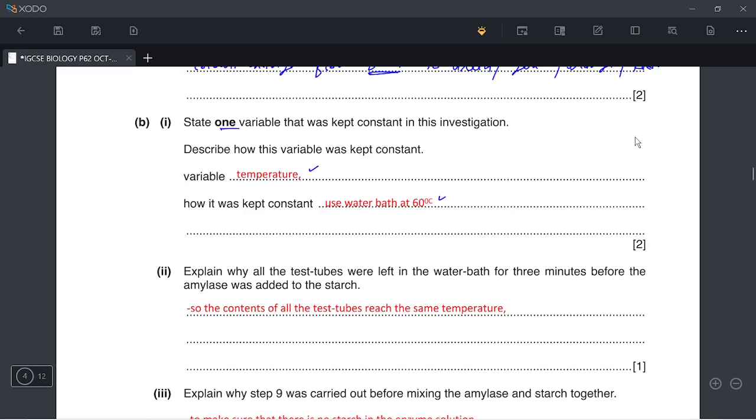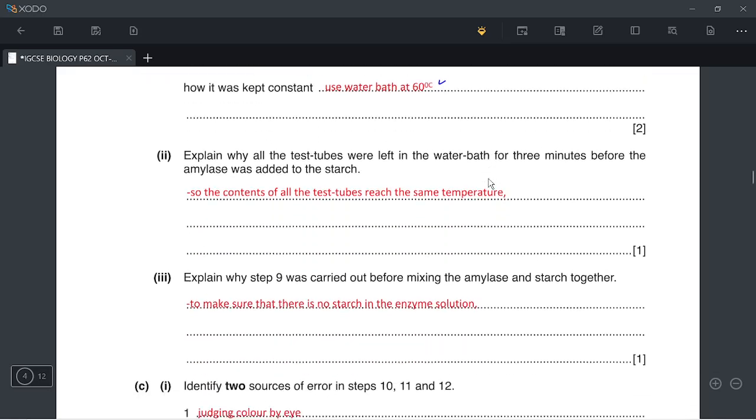And the concentration of starch solutions. The same concentration of starch solution was kept in each case. Okay. Concentration of iodine or amount of iodine. Same iodine solution used in each. Time also can be kept constant here, right? The 3 minutes for equilibration, or testing at 7, 8 or 10 minutes. So you can write any one.